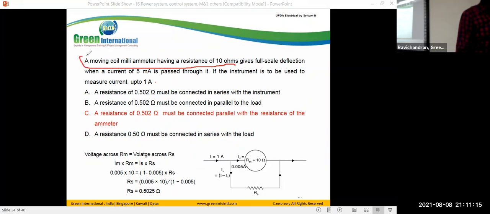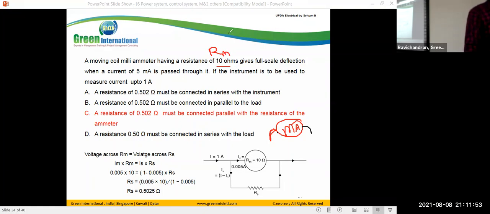That means this value represents the meter resistance. Assume it is a milliammeter with a red knob and a black knob. If we measure the resistance value between these, we get 10 ohm. So that's why we write this 10 ohm as RM, the meter resistance.